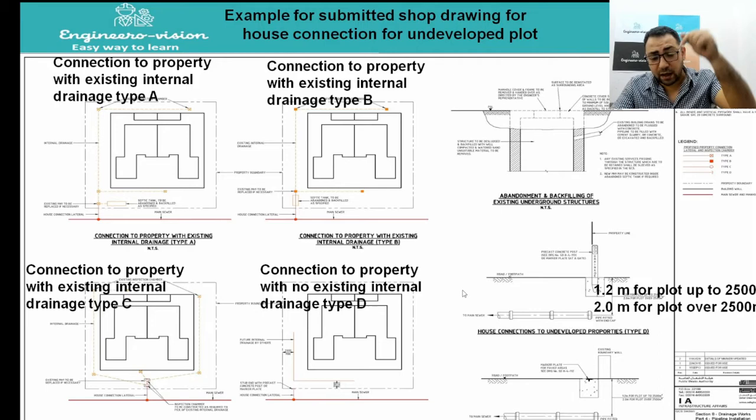And the depth of our connection will depend mainly on the plot area. If it's 2,500 square meter or below, we will use 1.2 meter depth of our connection. But if it's more than 2,500 square meter, we will use 2 meter depth for our pipe connection.